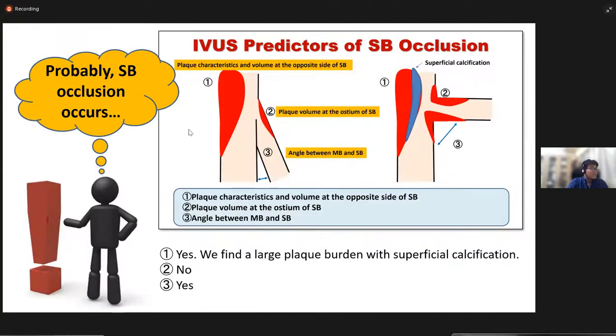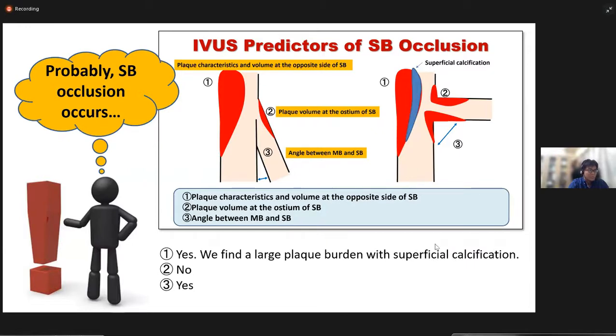All right, so once again, I will show you my IVUS predictor of side branch occlusion. Here there are three components. Number one, plaque characteristic and volume at the opposite side of the side branch. Yes, we find large plaque burden with superficial calcium.